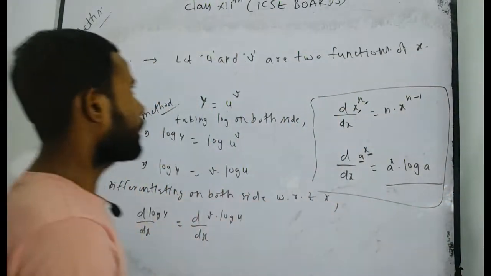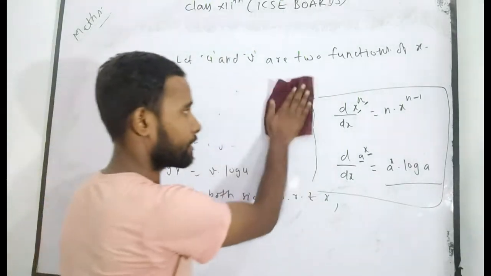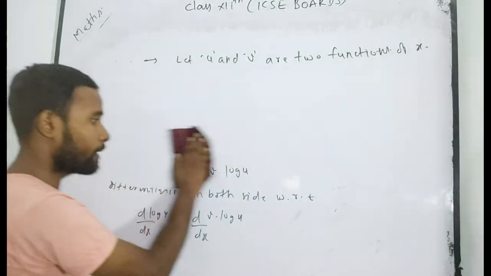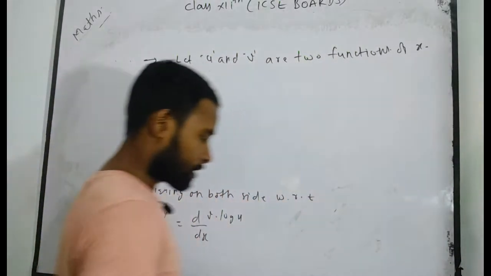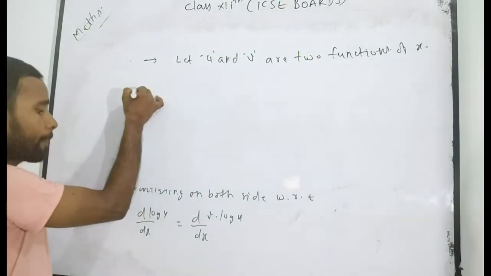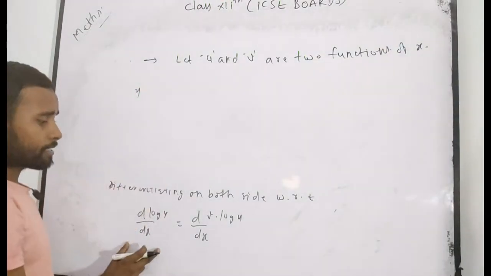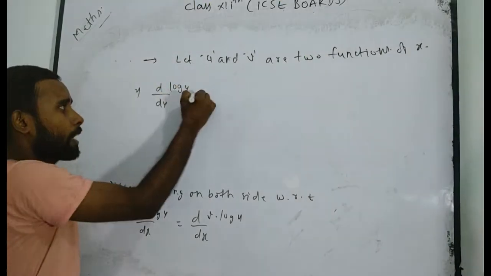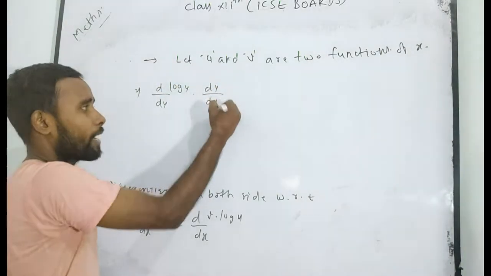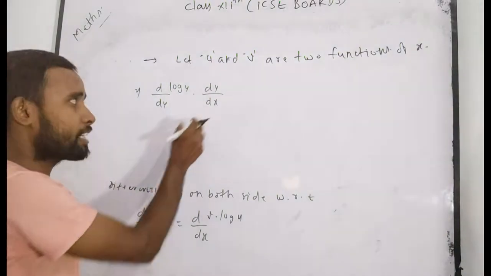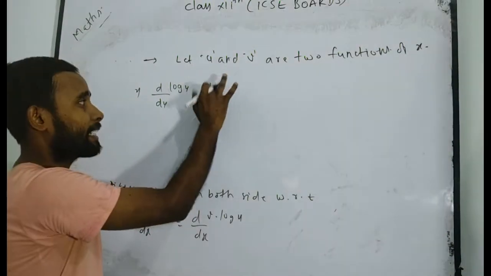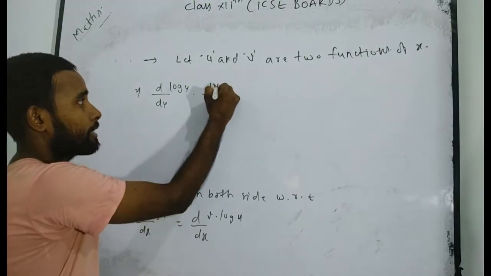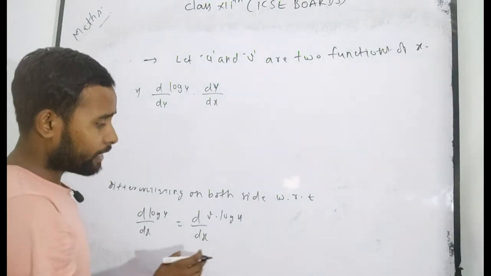If you compare with your standard formula, log y is firstly differentiated with respect to y, and again you have to differentiate y with respect to x. As you know, you have to find dy/dx. So don't worry, carefully separate this term while writing it.